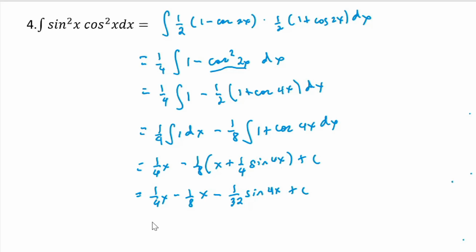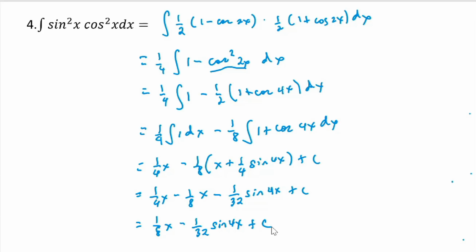But the first two terms are similar terms, so we subtract 1/4 of x minus 1/8 of x, which gives us a difference of 1/8 of x minus 1 over 32 sine 4x plus a constant. So that is now the answer for number 4.